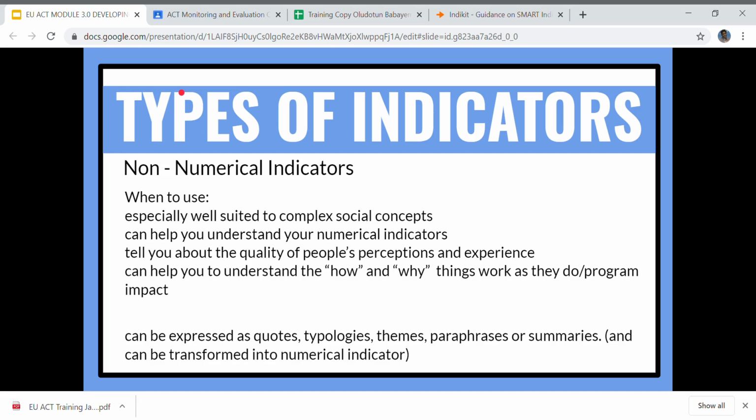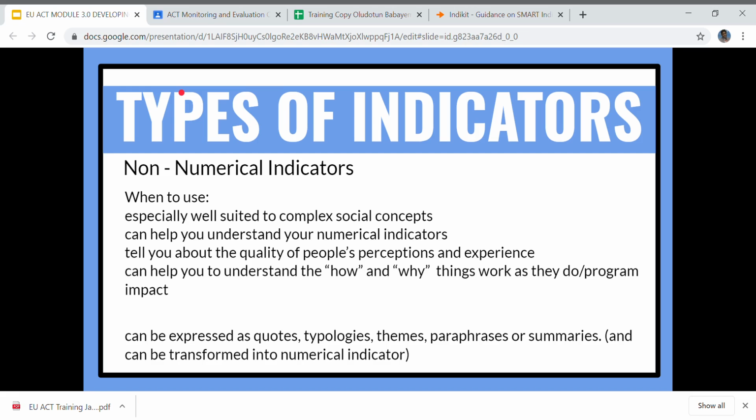So you might not necessarily be able to attribute numbers, but what you can do is collect perceptions of this set of people and their experience, maybe in your program or after your program. What non-numerical indicators allow you to know is the how and why things are working or not working in your program.